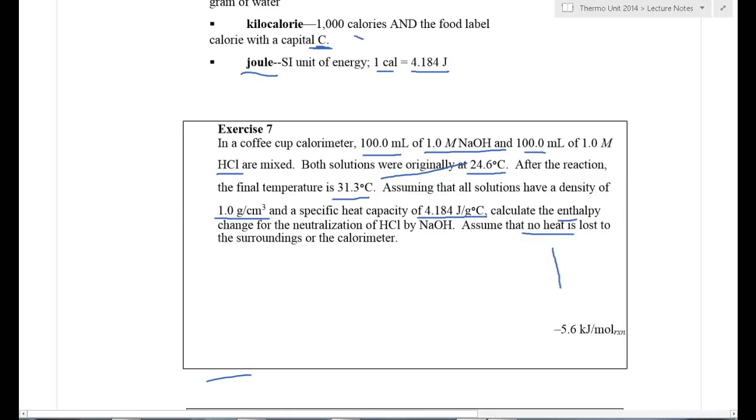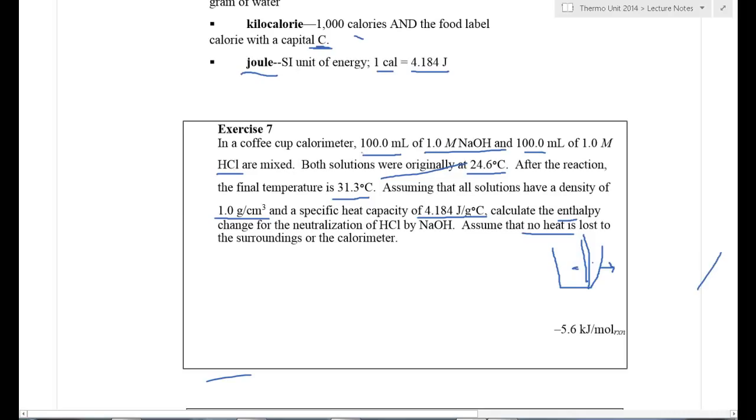So if we are using a coffee cup calorimeter and we are measuring what's happening to the temperature, the assumption we're going to make is that all of the heat stays contained and none of it leaves the calorimeter. So any heat that is generated as a result of mixing sodium hydroxide and HCl is heat that's going to be absorbed by the water that makes up these solutions.